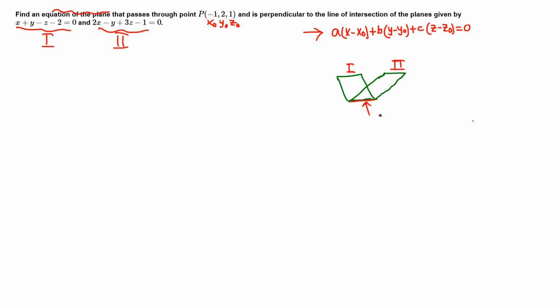So let's find the equation of this line first. Then our plane is perpendicular to the line, and we'll be done. So let's find the intersection of these two planes, which is the equation of the line.